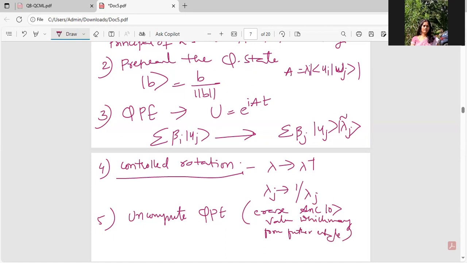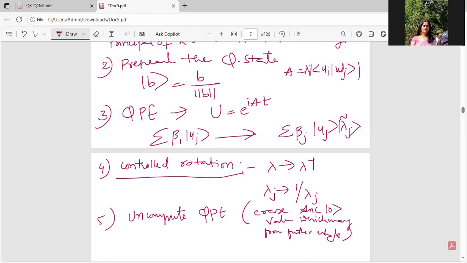So I will uncompute the quantum phase estimation, and once I've uncomputed, unnecessary things will be erased from the ancilla register, or the leftover entanglement can be avoided.